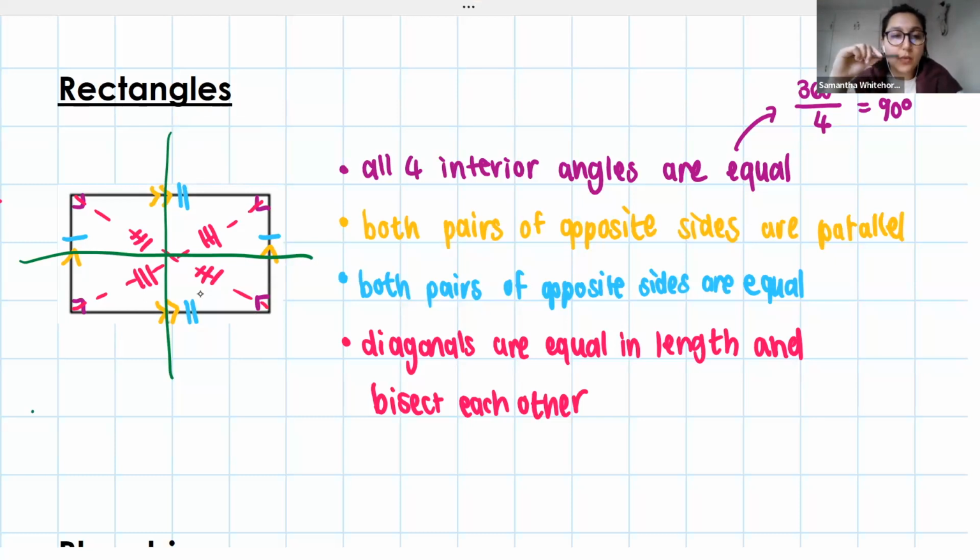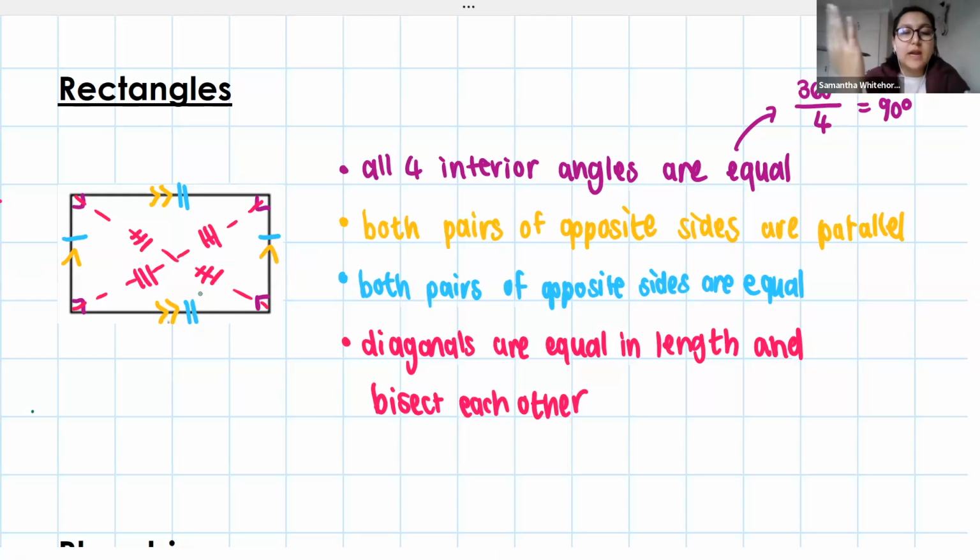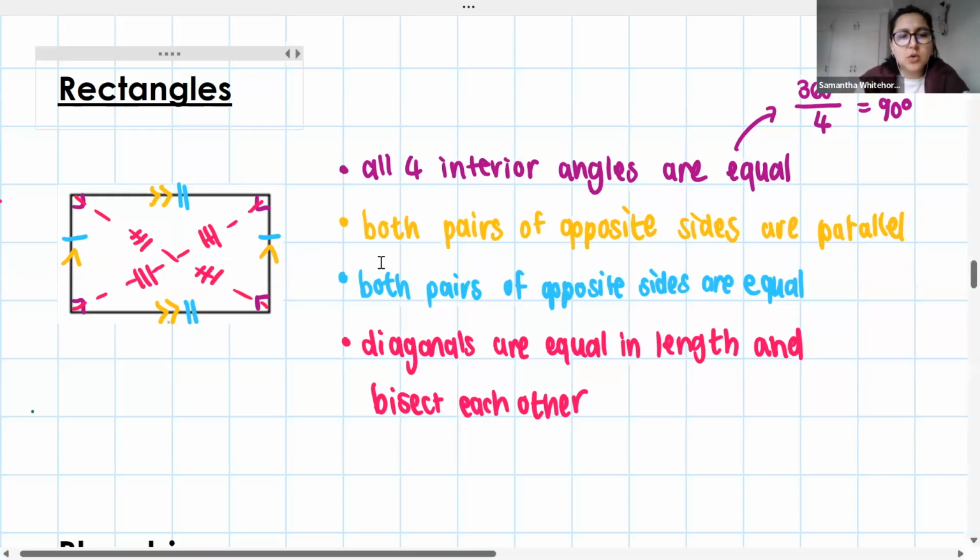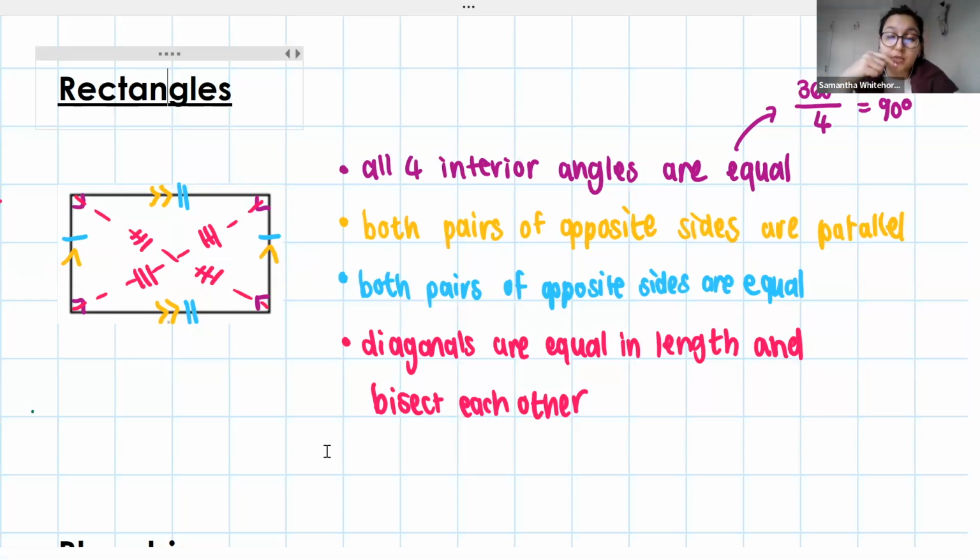So we do have lines of symmetry, especially with these more specialized types of quads. And guys, remember, a line of symmetry is where it creates that mirror image for us. So when we start talking about sections like reflections and rotations, those lines of symmetry are really important.